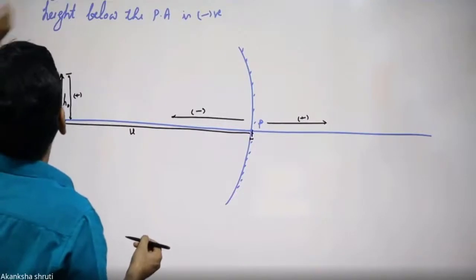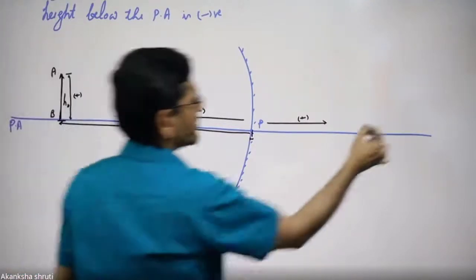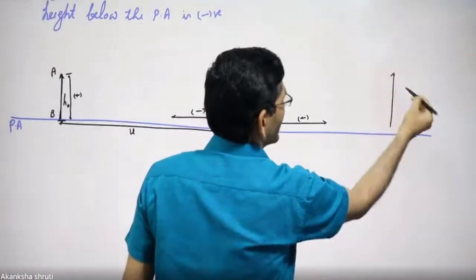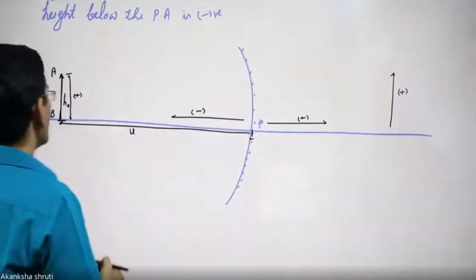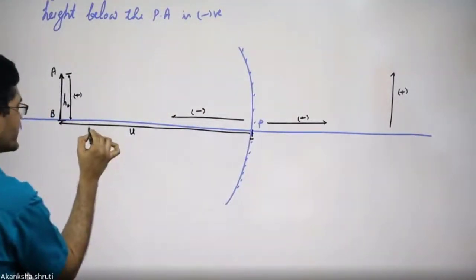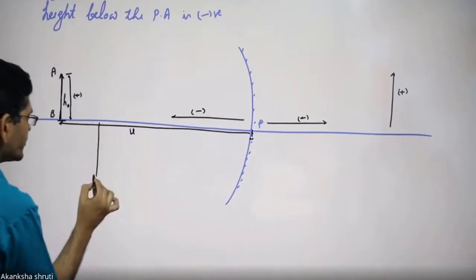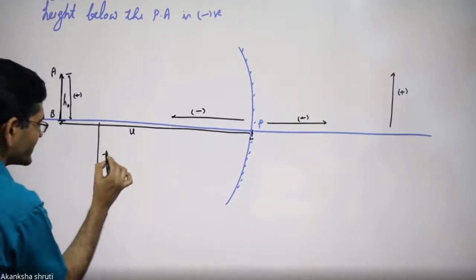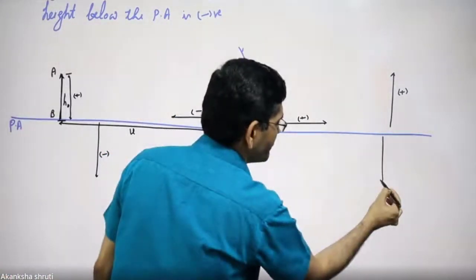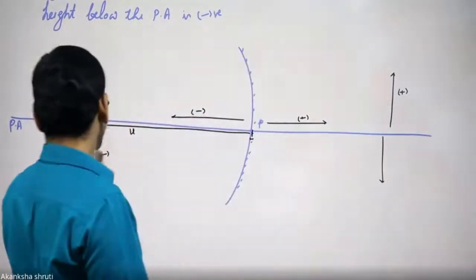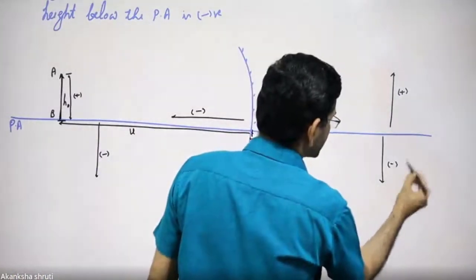Now, this height can be on the left hand side or even on the right hand side. Still this height should be taken positive. But if the height, whether of image or object, is below this principal axis, that height should be taken negative, irrespective of whether it is on the left hand side or on the right hand side.